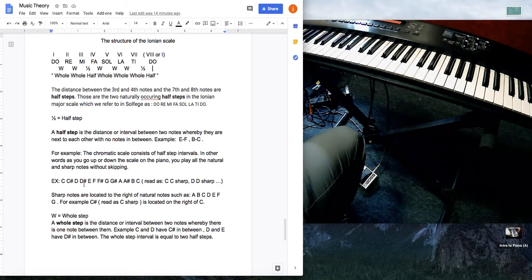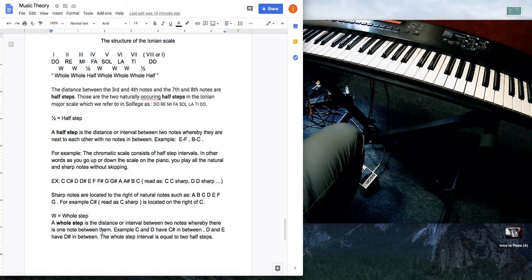So C, C sharp, D, D sharp, E, F, F sharp, G, G sharp, A sharp, B, C. And so here the notation says that it's read as C, C sharp, D, D sharp, etc. Okay? So sharp notes are located to the right of natural notes such as A, B, C, D, E, F, G. Right?